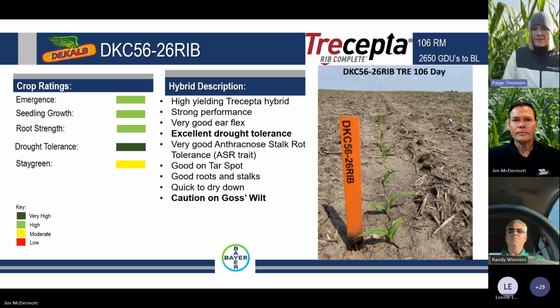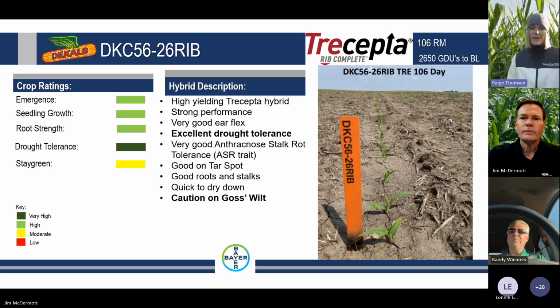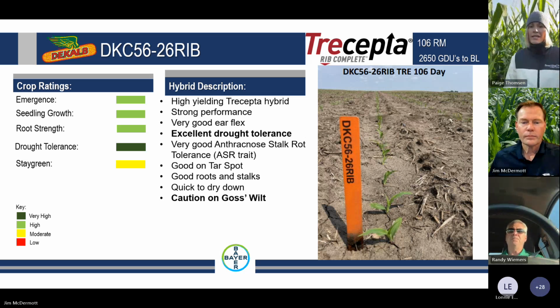This year, we've had plenty of moisture and it's looking phenomenal. It's great on tar spot. The roots and stalks are super. It is one of those that is quick to dry down. And I'd say one caution in areas that have Goss's wilt, but definitely a high yielding Tercepta hybrid.